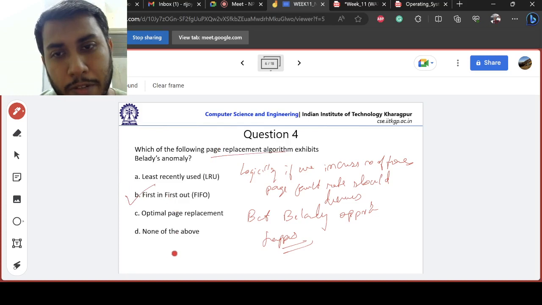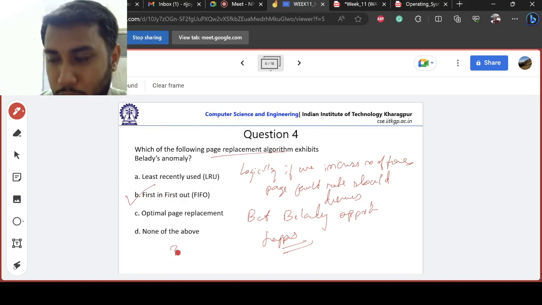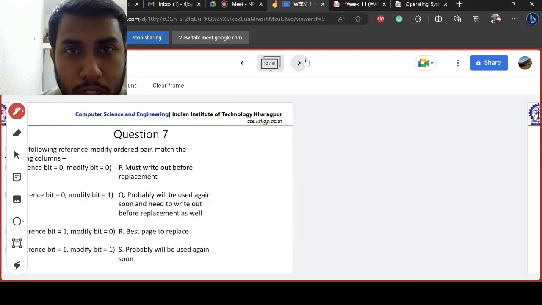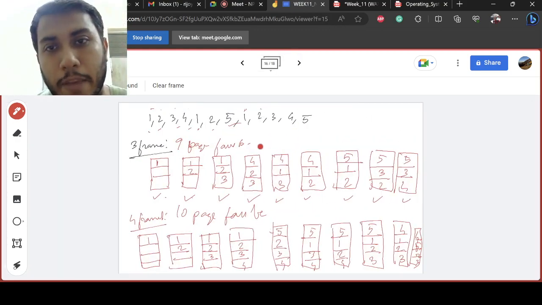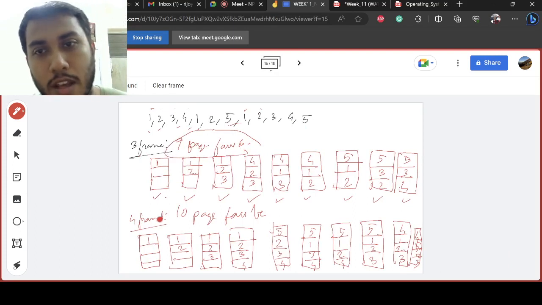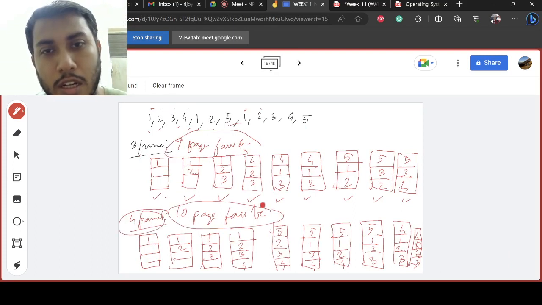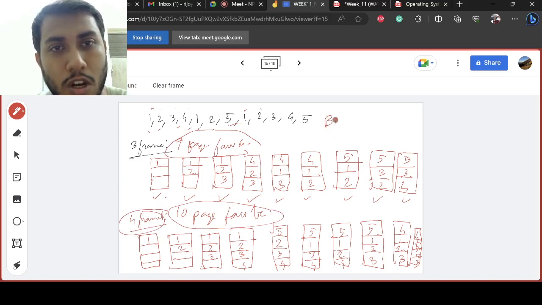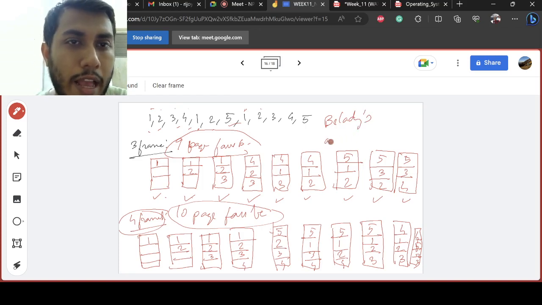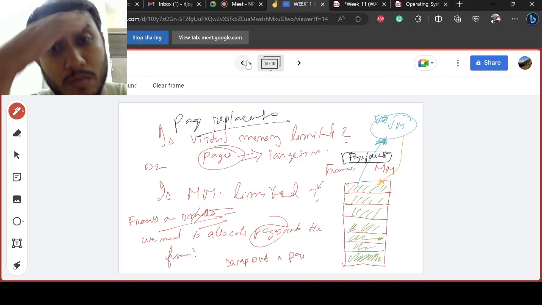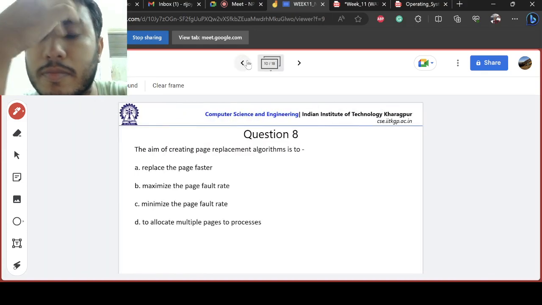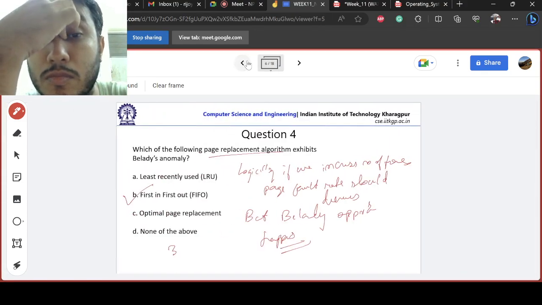We saw that previously in this experiment here, that if we are using 3 frames, we got 9 page faults, but when we are using 4 frames, we got 10 page faults. So this is Belady's anomaly, right?